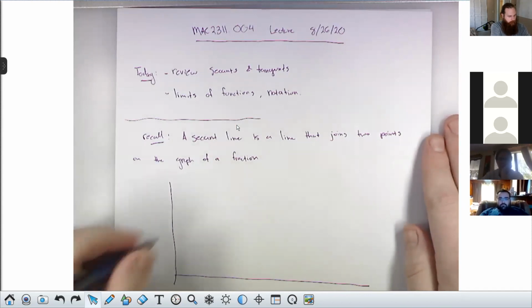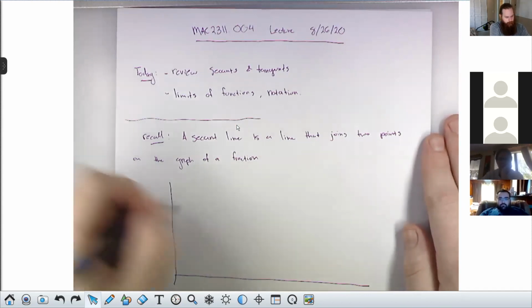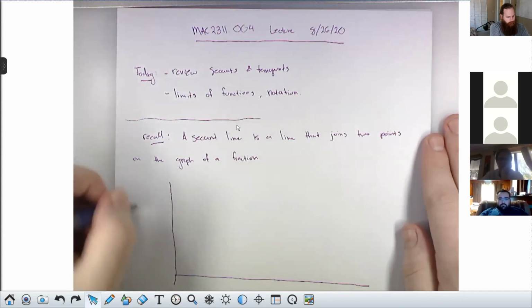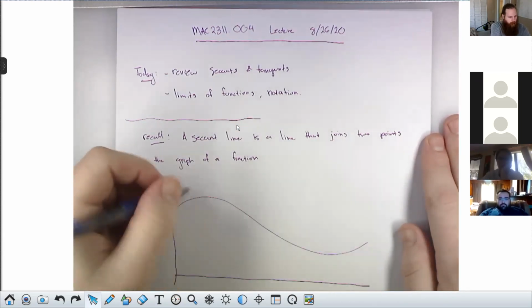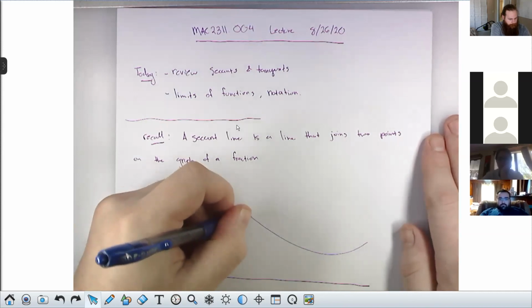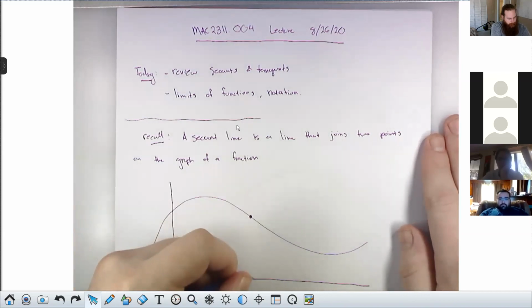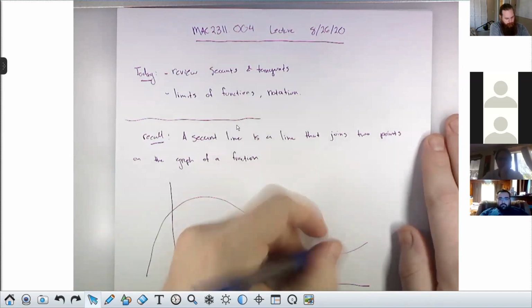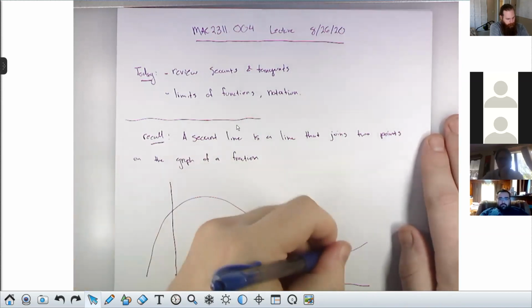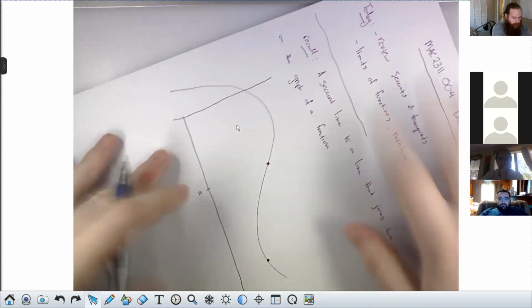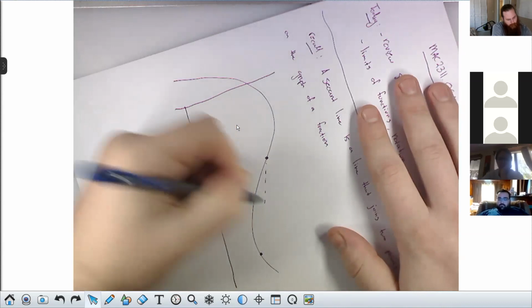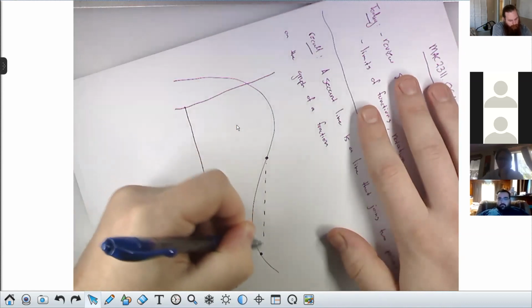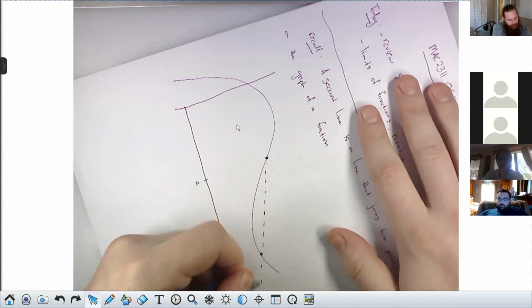And so what we're going to want to do is think about keeping one of these guys fixed and slowly walking the other one over towards him.